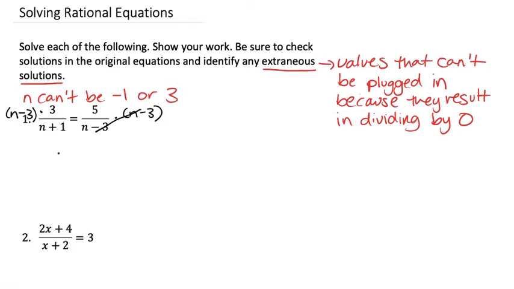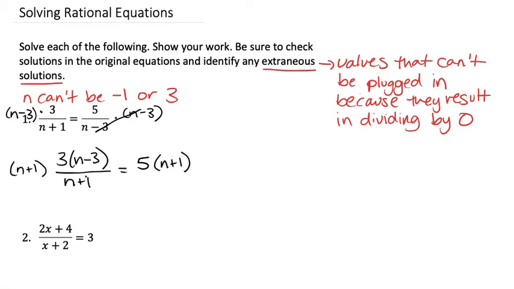On the left side, I'm going to rearrange the order here so I write the 3 in front, just because that's more how we're used to seeing it. So I have 3 times n minus 3 over n plus 1, and that equals 5. And now I'm going to get rid of the n plus 1 by multiplying by that on both sides.